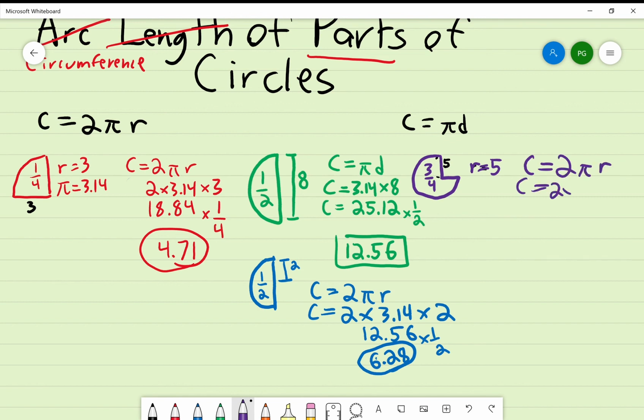Circumference equals 2 times 3.14 times 5, which when we multiply gives me 31.4. But remember, you don't want the circumference of the whole circle. You want it of this part of a circle. So you take 31.4, multiply it by 3/4, and you get your final answer, which will be 23.55. Okay? And that is your lesson on the arc length or circumference of parts of circles.